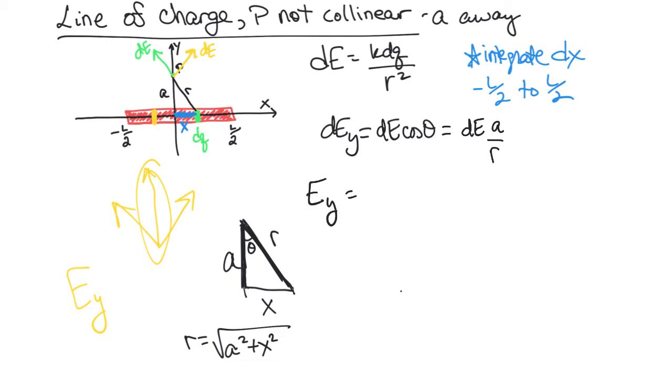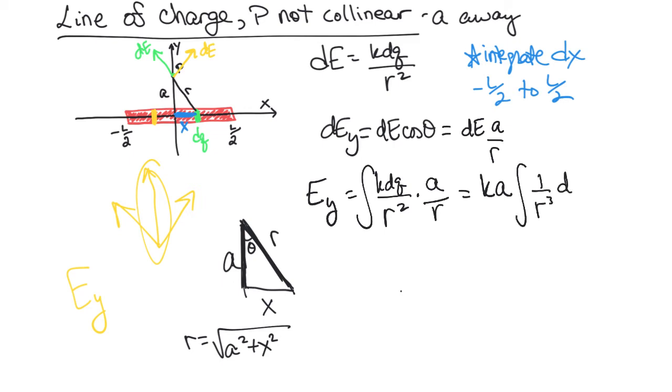So dE_y is k dq over r squared times a over r. We get a k and an a, those are constants, and then we get 1 over r cubed times dq.